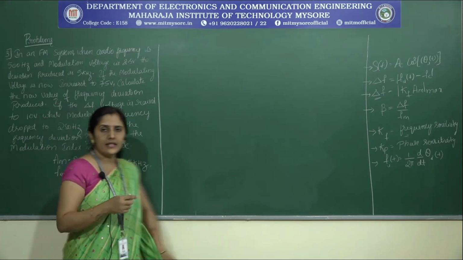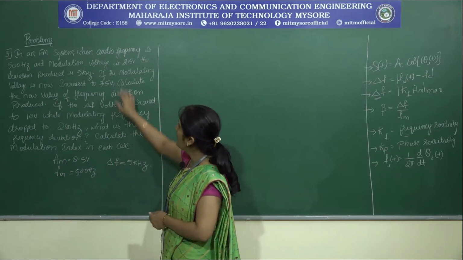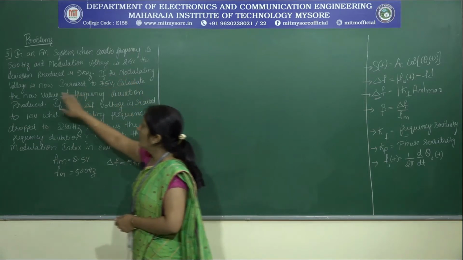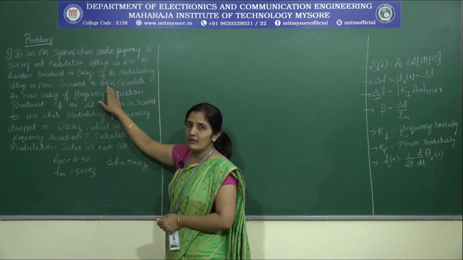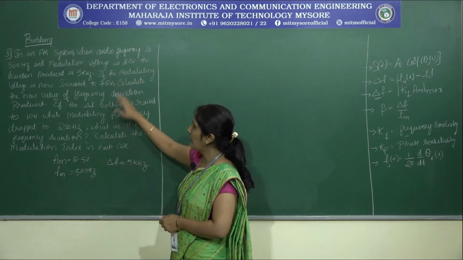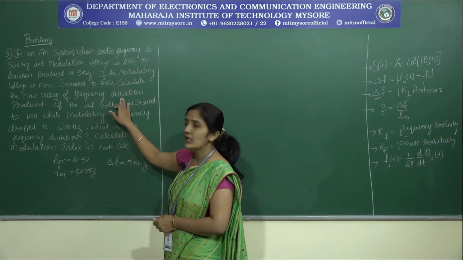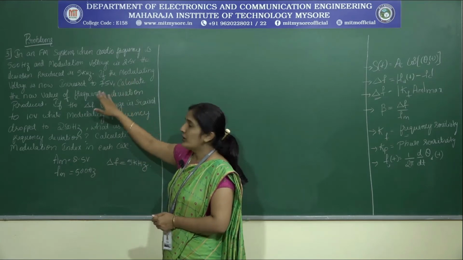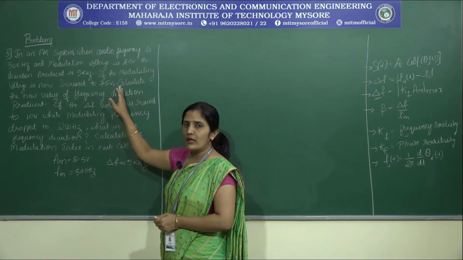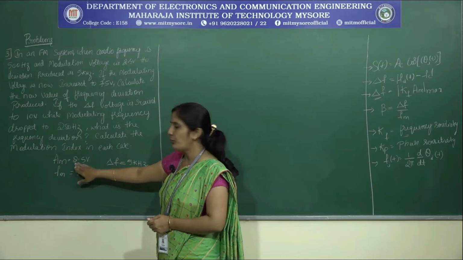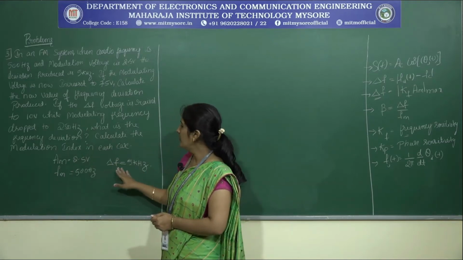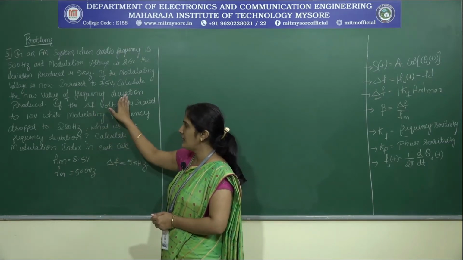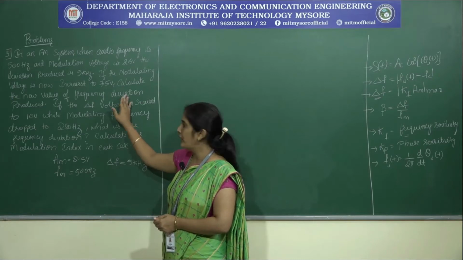So keeping this data we have to find out, if the modulation voltage is now increased to 7.5 volt, calculate the new value of the frequency deviation produced. Whenever the modulation voltage is increased to 7.5 volt from 2.5 volt, what will be the frequency deviation produced, we have to find out.